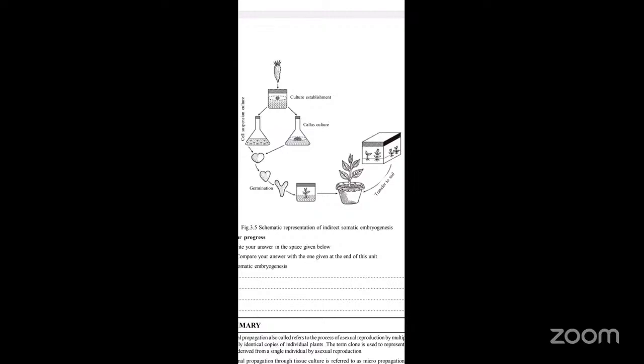That one is androgenesis. Homozygous diploids can be raised from these haploids by colchicine treatment.